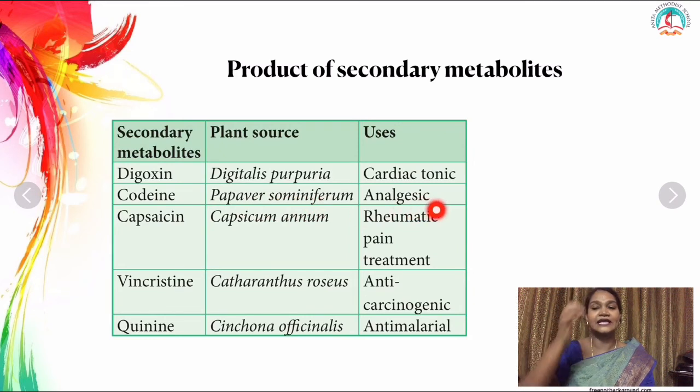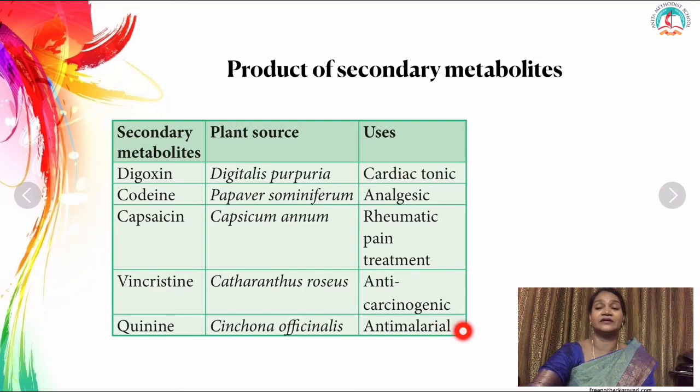Next is capsaicin, from Capsicum annuum, used in rheumatic pain treatment. Next, vincristine, from Catharanthus roseus, anti-carcinogenic. Finally, quinine, from Cinchona officinalis, used as an anti-malarial treatment.